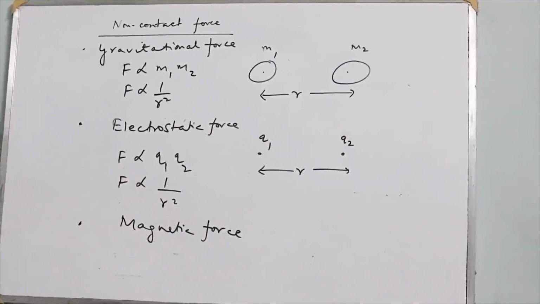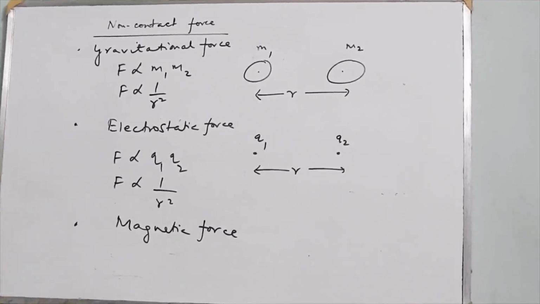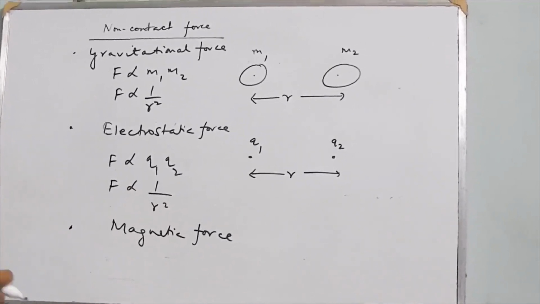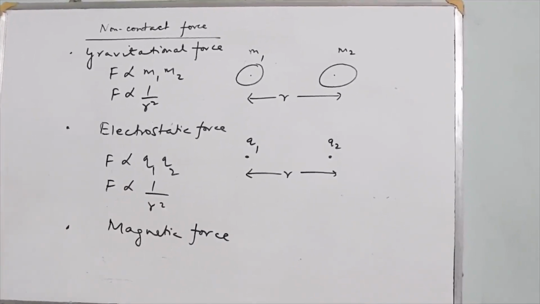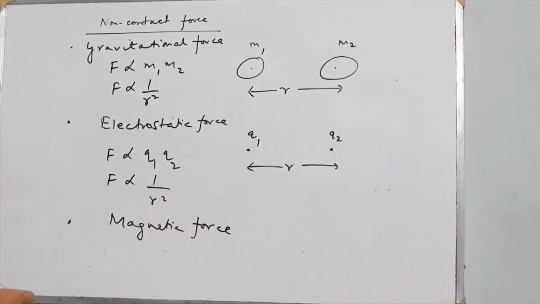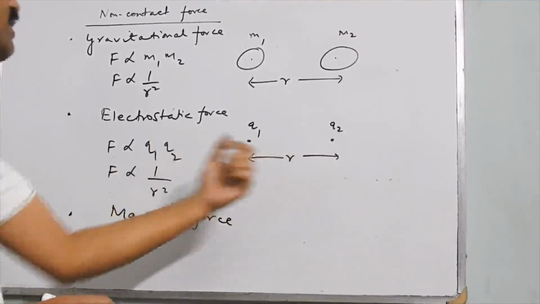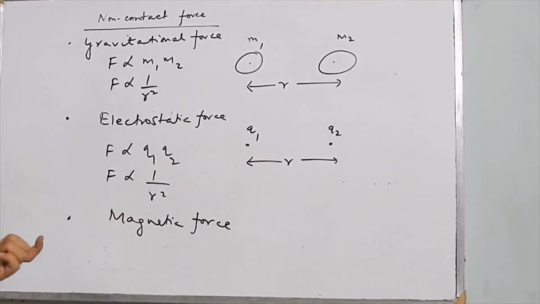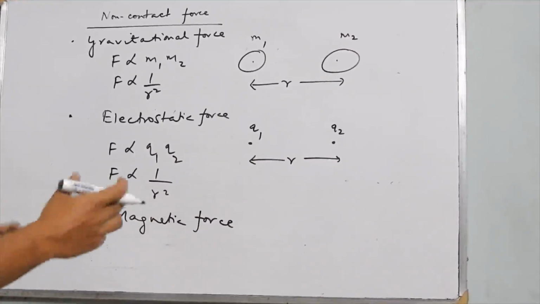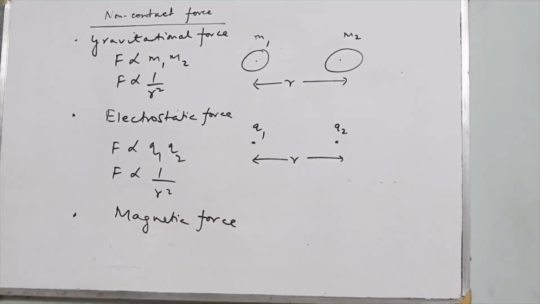The closer the bar magnets are, the more prominent the force will be. And just as in the case of like charges there is repulsion and unlike charges there is attraction, in the case of magnetic force also, like poles will repel and unlike poles will attract.